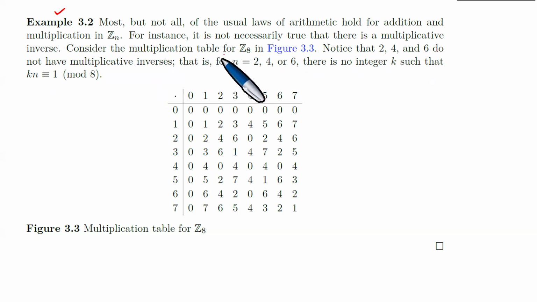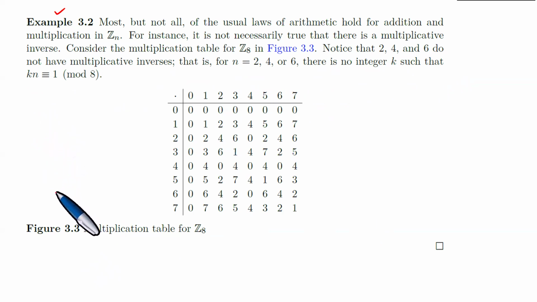Consider the multiplication table for Z sub 8, modulo 8, in figure 3.3. Notice that 2, 4, and 6 do not have multiplicative inverses. We're going to check that one. That is, for n equals 2, 4, or 6, there is no integer k such that kn is equivalent to 1 modulo 8.